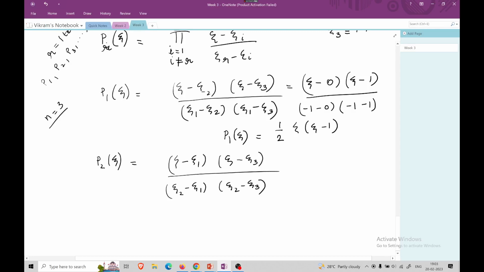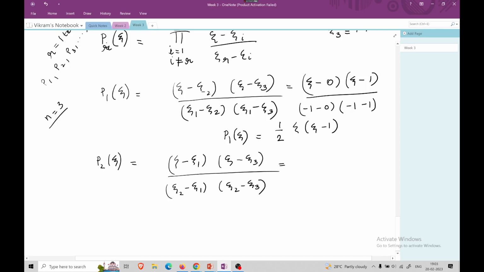If you carefully observe the formula, in the numerator you will not have the 2 term, while in the denominator eta will be replaced by eta 2. Similarly for p1, you don't have the eta 1 term in the numerator, but in the denominator eta will be replaced by eta 1, the same structure.